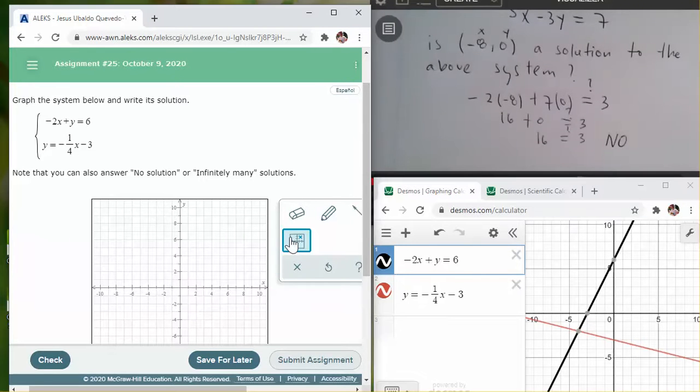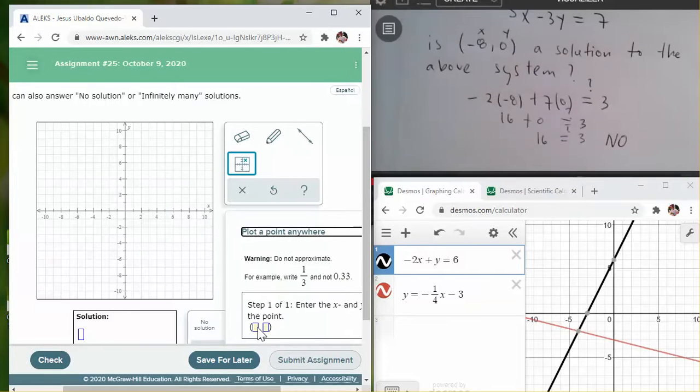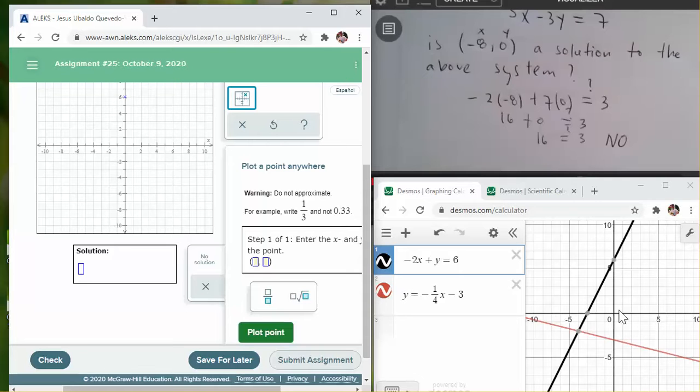Okay, so we can plot those points because they want me to do the graph. For the first graph, I say 0, 6, and then we say plot. Then I need another point.